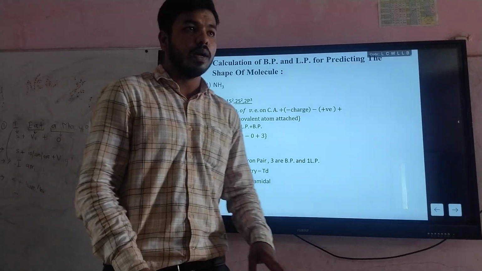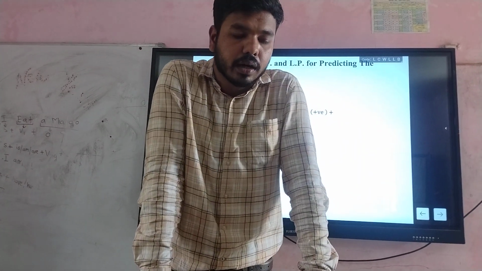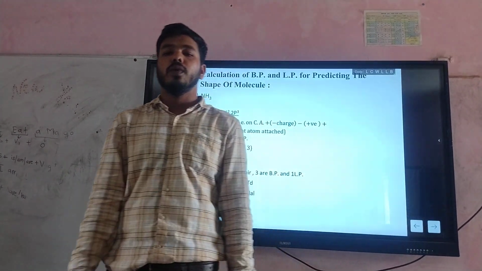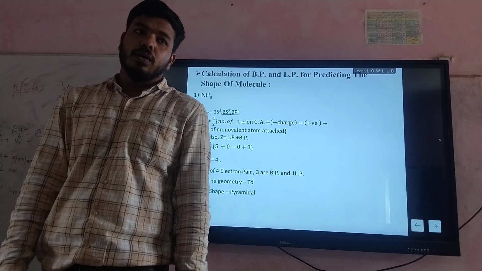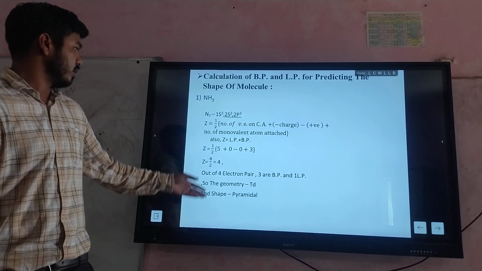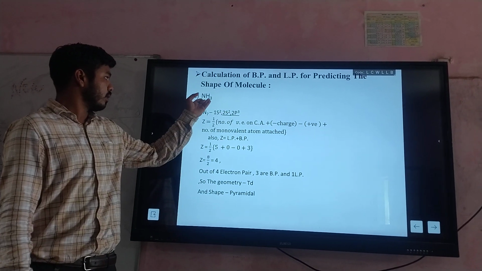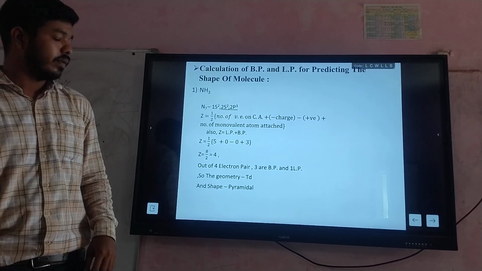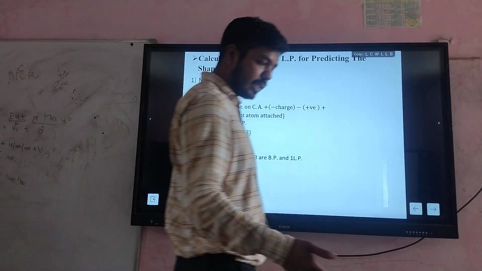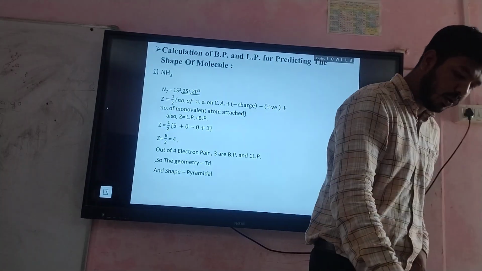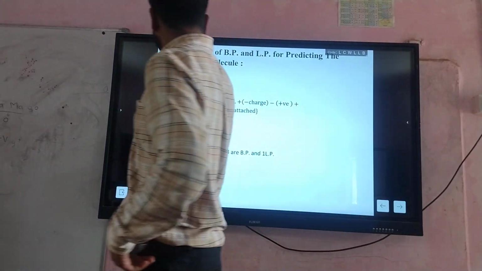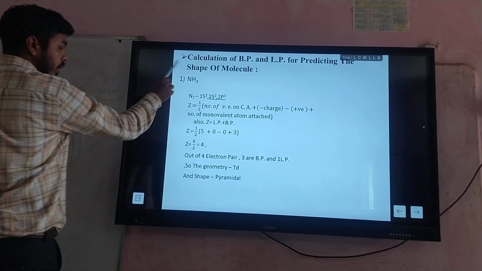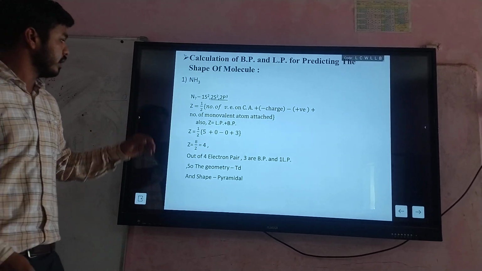Nitrogen has atomic number 7, and the electronic configuration of nitrogen is 1s2, 2s2 and 2p3. So the valence shell of nitrogen is the second shell. In the second shell there are 5 electrons, meaning the valence electrons in the nitrogen atom are 5. So by using this formula, the number of bonded pairs is 3.